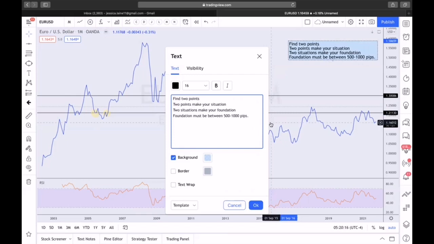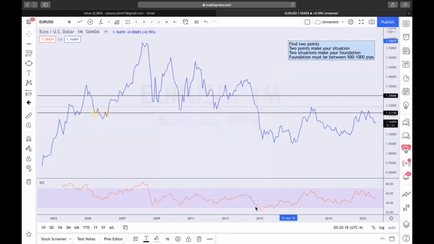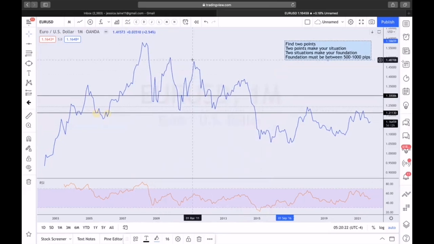If you trade commodities, let's say gold, then it'll end up being 5,000 to 10,000. But for the sake of regular currency pairs, it's going to be 500 to 1,000. Basically, everything in the past repeats itself in the future, so once you find these points, you do not have to find any more.